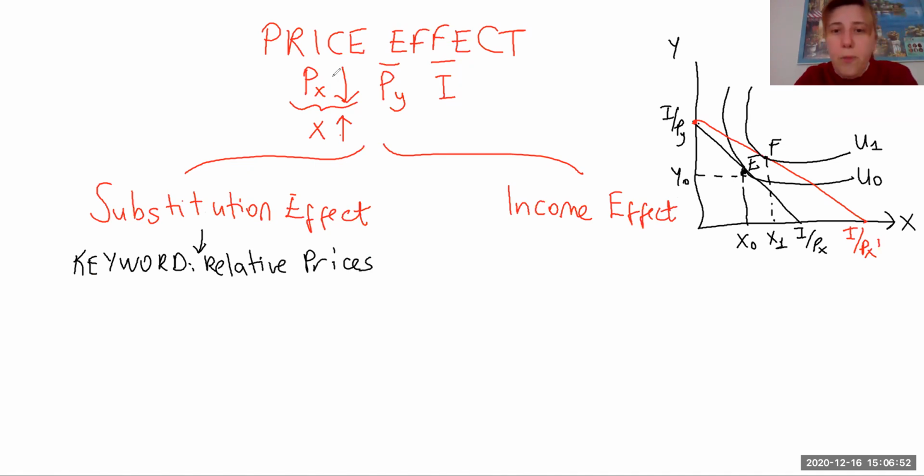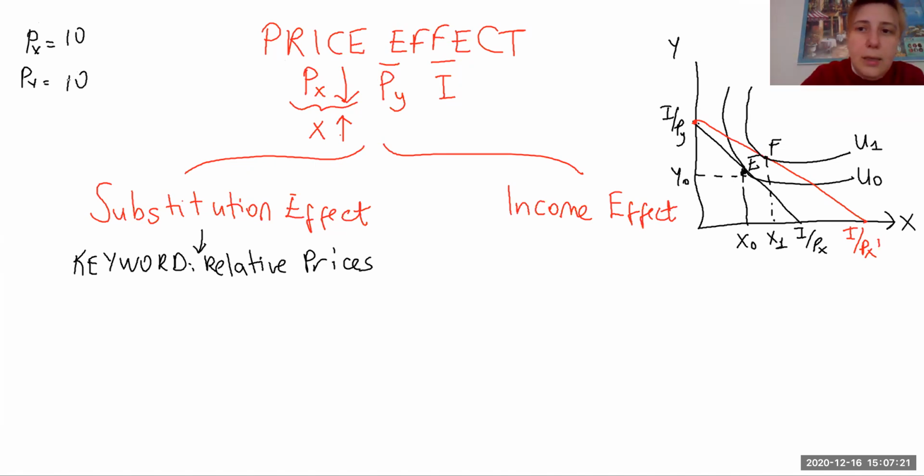While the price of X is going down, although there is no change in the price of Y, it's getting relatively more expensive than the price of X. Suppose that at the beginning, the price of X is 10 and the price of Y is 10.